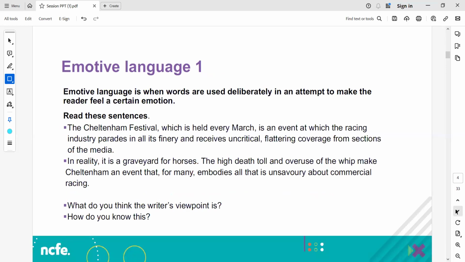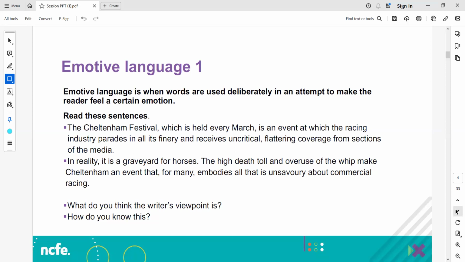So let's look at emotive language, which is when words are used deliberately in an attempt to make the reader feel a certain emotion. So we've got some example sentences. The Cheltenham Festival, which is held every March, is an event at which the racing industry parades in all its finery and receives uncritical, flattering coverage from sections of the media.